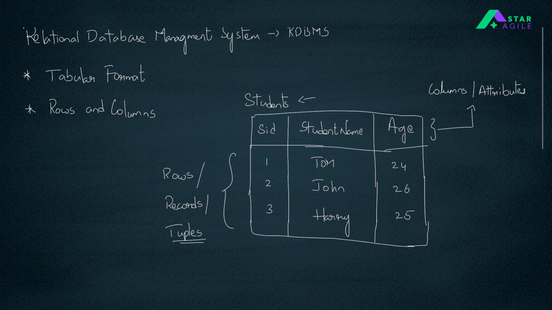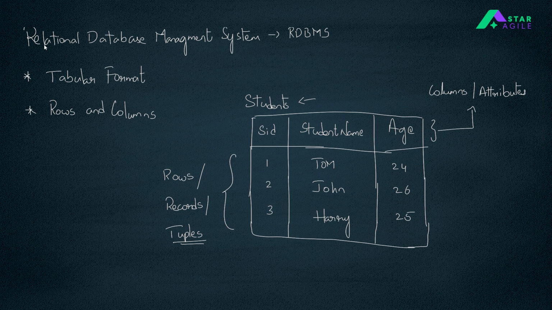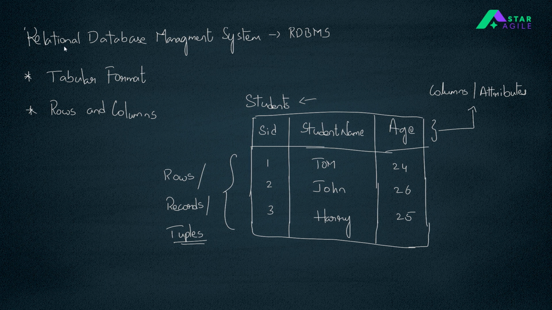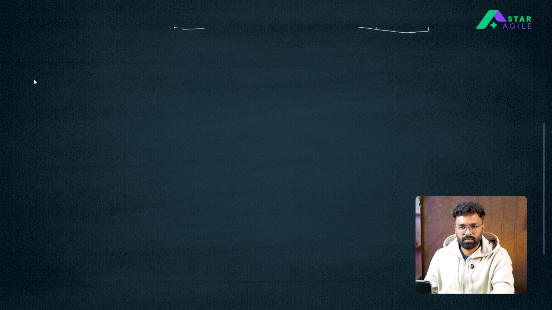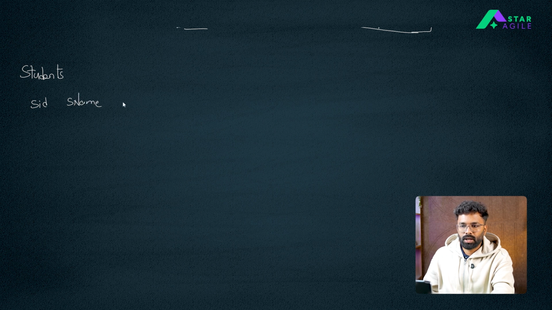And also there is one more explanation for why we call it a relation here. Let's say for example we have the students table over here, and within this student ID, next student name and age we have.